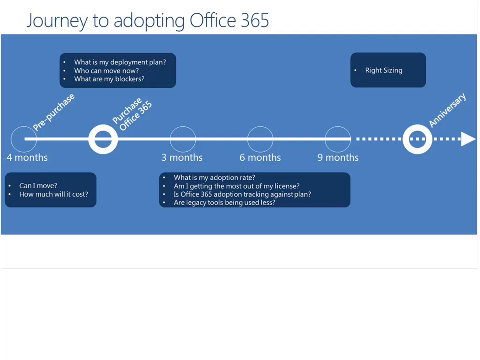And also, you may want to look at whether legacy tools are being used less, because of course there's the opportunity here to remove legacy tools which have the same sort of functionality that are available within Office 365.